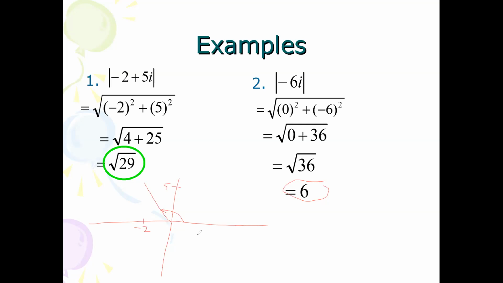Could somebody find tan inverse of negative 5 over 2? Can somebody find that for me? I think they'll give you a negative answer. Negative 68.2. What is it? Negative 68.2.